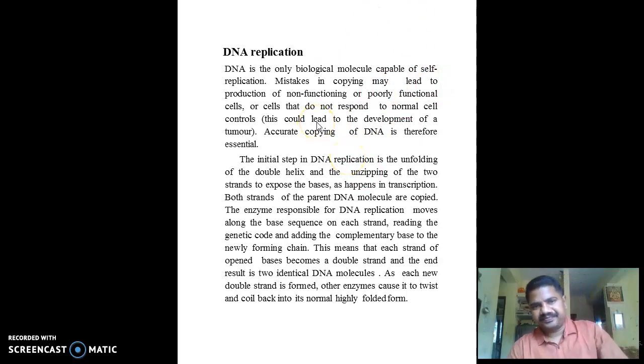Now, DNA is the only biological molecule which is capable of self-replication, and mistakes in copying may lead to production of non-functioning or poorly functioning cells, or cells which do not respond to the normal cell controls, and this could lead to the development of a tumor. Means if there is a mistake in replication, that will cause a tumor or non-functioning cells, or over-functioning cells.